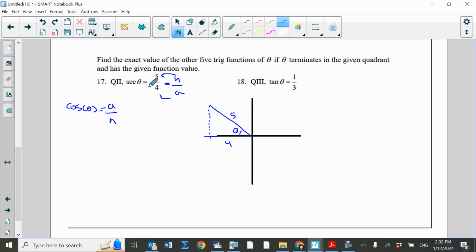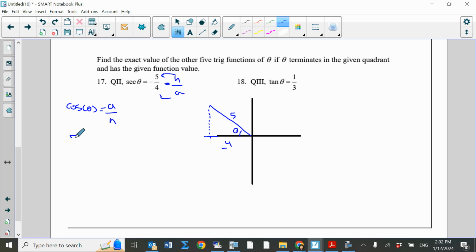But we know that we have a negative value here. This negative is going to belong to -4 because hypotenuse is always positive. Okay, now we need to find the missing side here, this side. So we're going to use Pythagorean theorem.